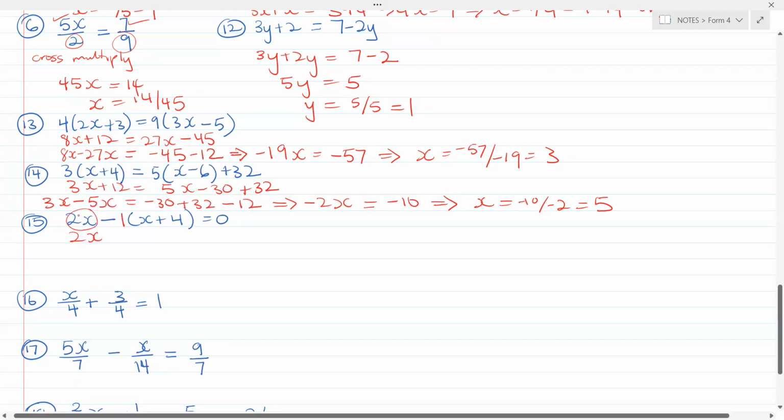So that will be 2x minus x, because we're multiplying negative 1 by x, and then negative 1 by 4, which is 0. Of course, 2x minus x will just give me 1x, minus 4 is equal to 0. And of course, I'm solving for x, so I add 4 on both sides, so x is equal to positive 4.